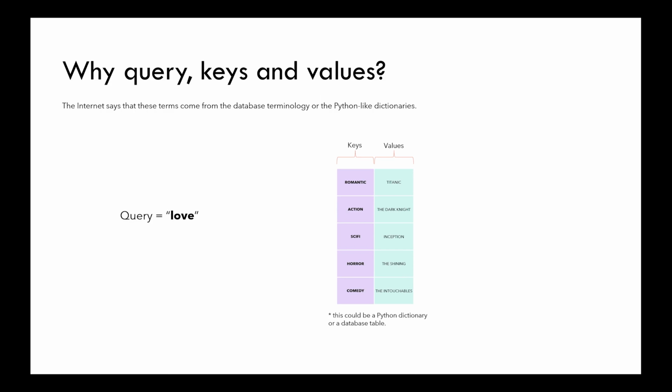What the self-attention does is calculate the dot product between this word and all the other words, and the result of the dot products will amplify some of the values and not amplify others, based on which things could be related to each other. So maybe our self-attention head could think that the words love and romantic are very related to each other, so it will amplify the value Titanic. And it may also think that love and comedy are related, but maybe less than romantic, so it will also amplify a little bit the comedy, but maybe not amplify at all the horror.